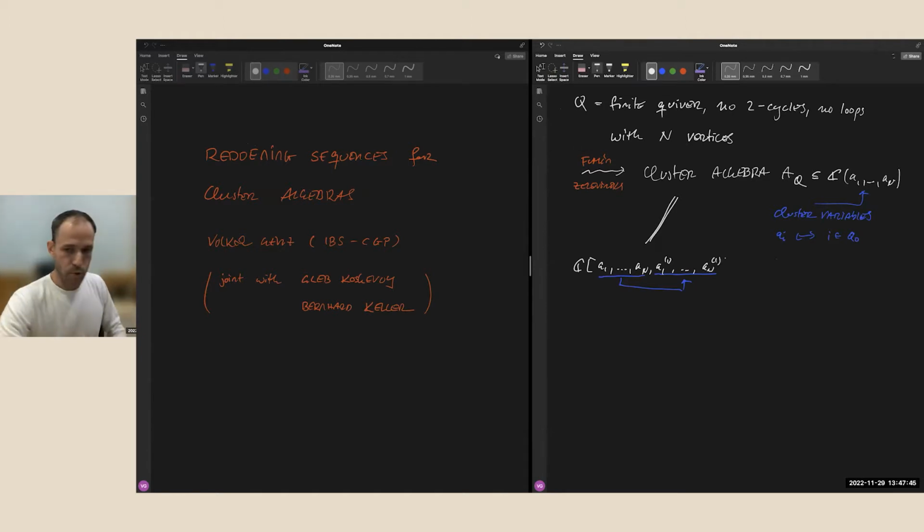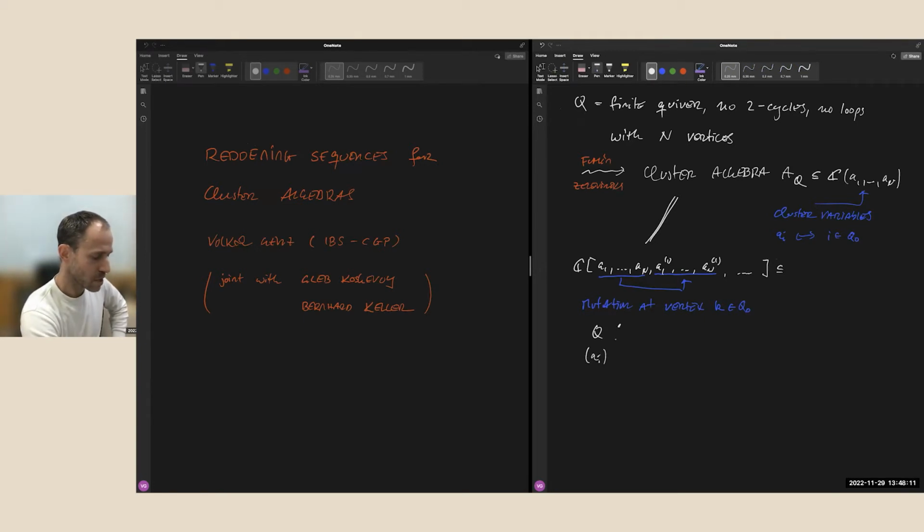And this procedure we can repeat, so we get a potentially infinite list of generators. This procedure is called mutation at a vertex k of our quiver. So it takes the quiver and the set of cluster variables and produces a mutated quiver and a mutated set of cluster variables.